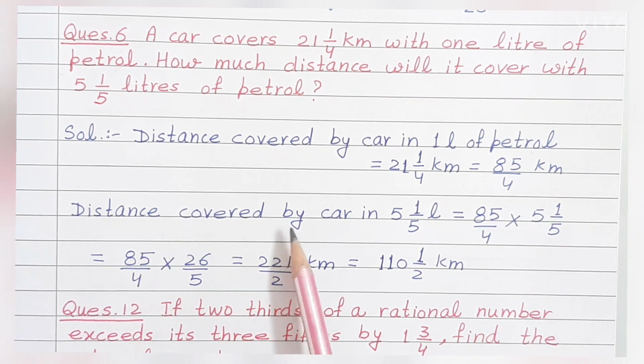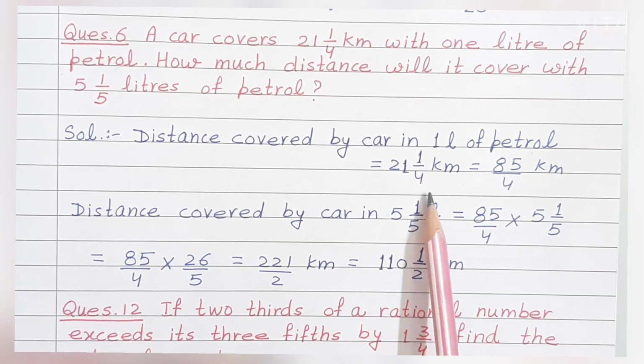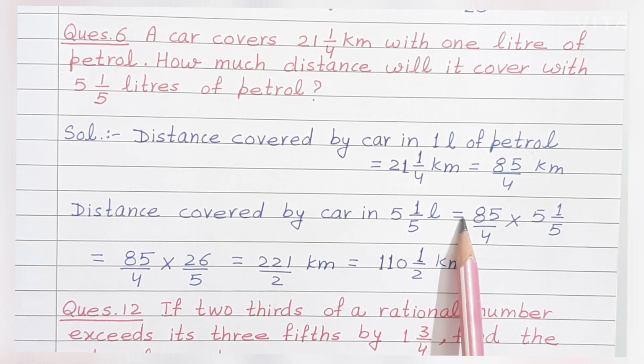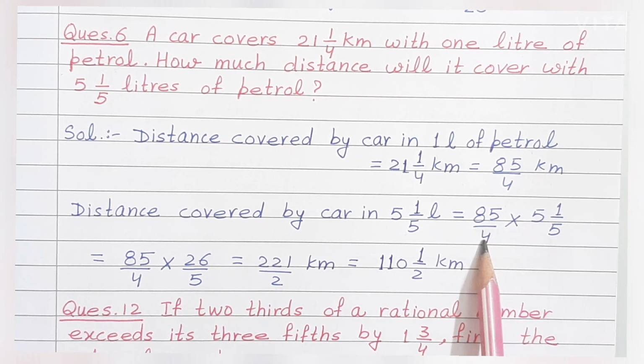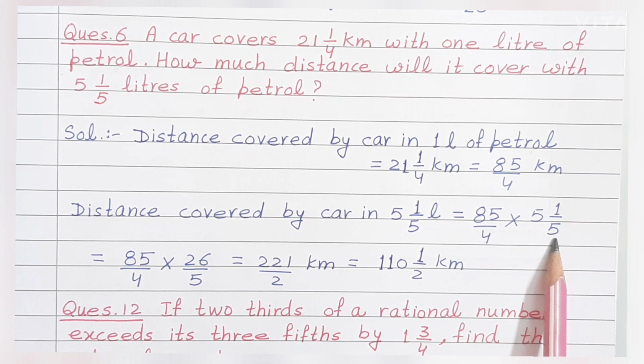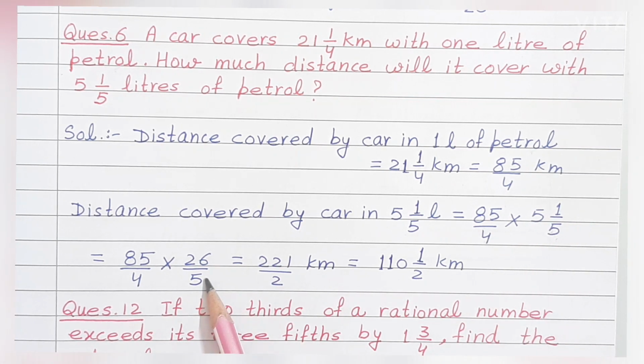Now distance covered by car in 5 1/5 liter is equal to 85/4 into 5 1/5. Now let us convert 5 1/5 into improper fraction. So that will become 26/5. Now after solving this, we will get the answer as 221/2 kilometer. That is equal to 110 1/2 kilometer. Clear?